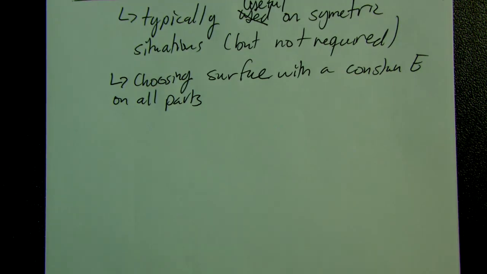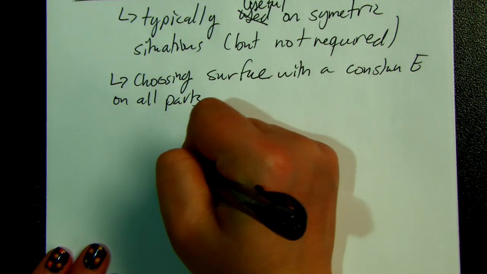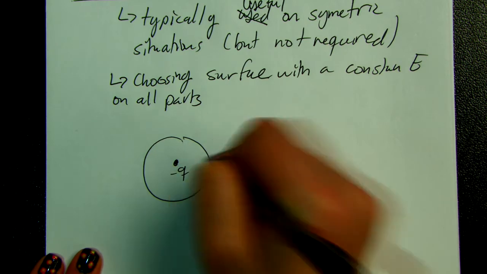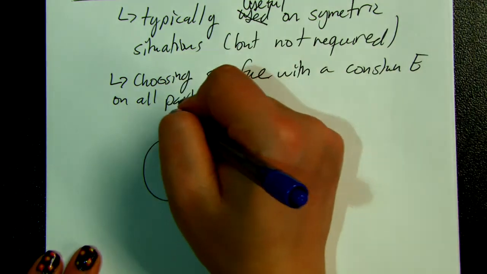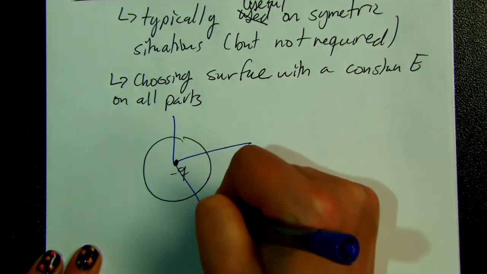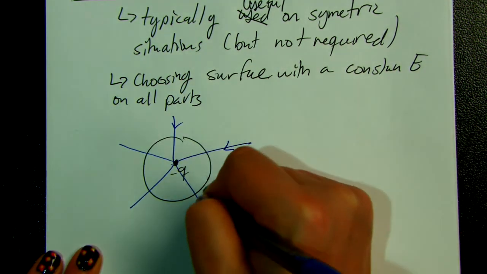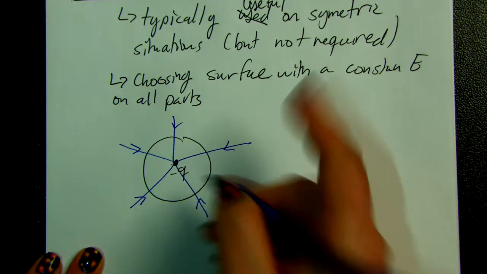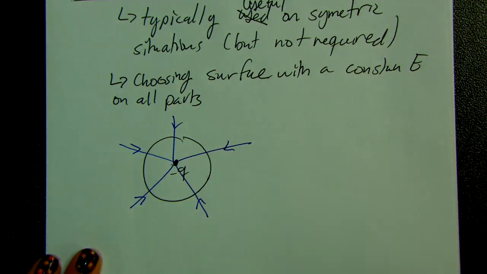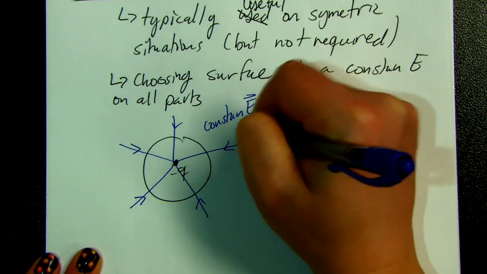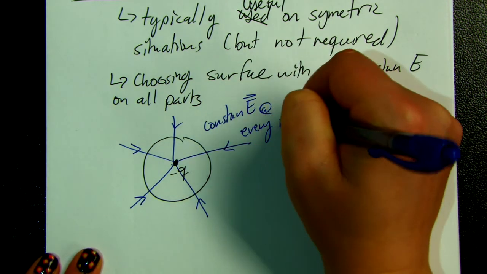This is just an easier thing to do. So for example, let's do a negative charge this time. So we've got the field lines. This is going to be the same at every location on the surface. So constant E at every point.